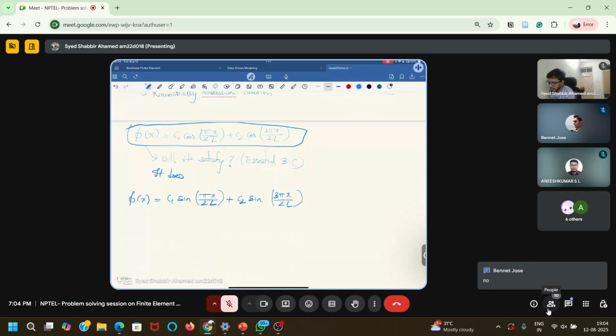No, because if you substitute x equals L, you will get sine 90, which is 1, and here you will get sine 270, which is minus 1. So this will not be equal to 0. So this is not satisfied, not kinematically admissible, so we cannot assume this as our approximate solution.